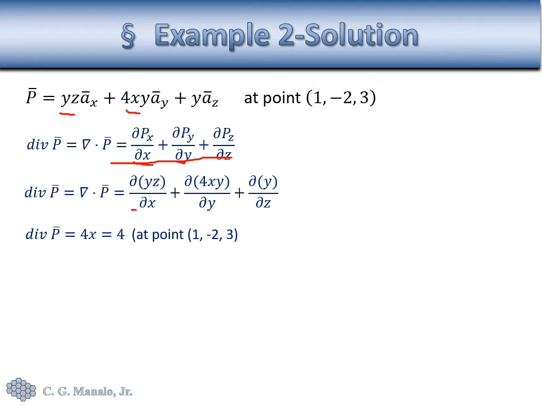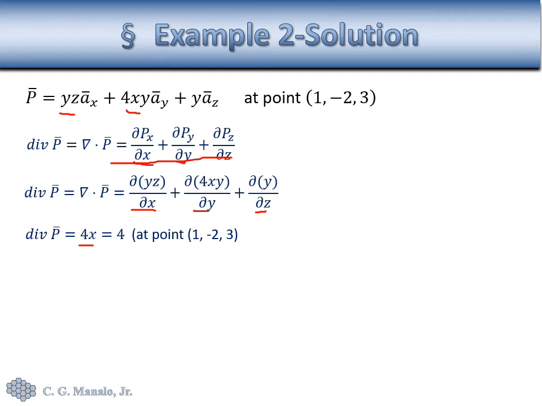For the first term, we have the partial derivative of yz, and that should be 0 because yz has to be treated as a constant. For the second term, we will have 4x, and for the third term, it is also 0 because y is treated as a constant. That will give us an answer equal to 4x.